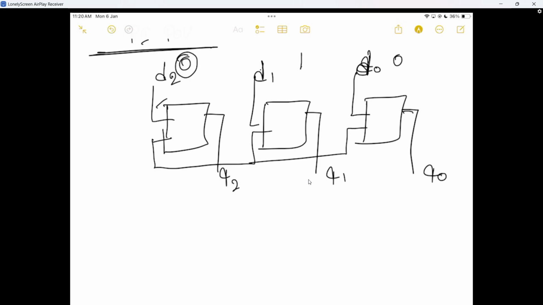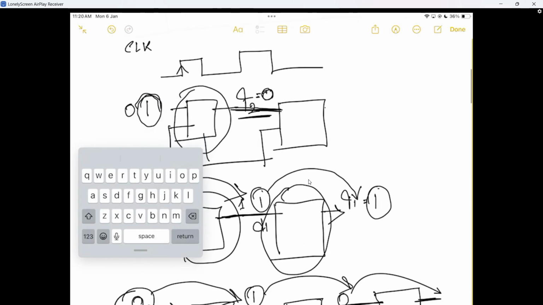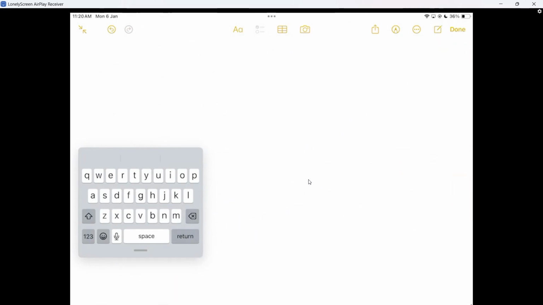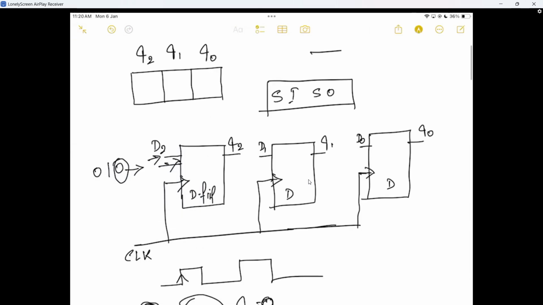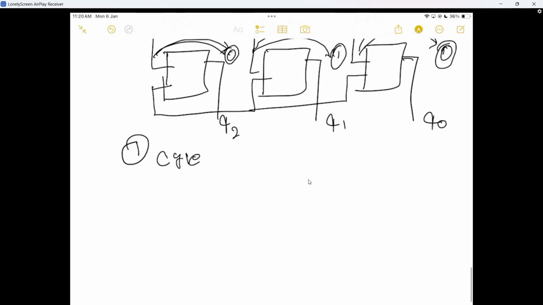This 0 will go here and be stored, this 1 goes here, and this 0 goes here. So we need one cycle to store the data.